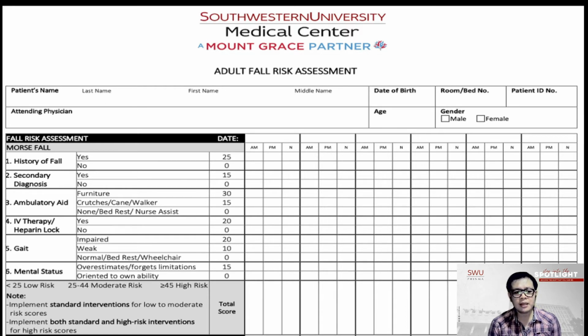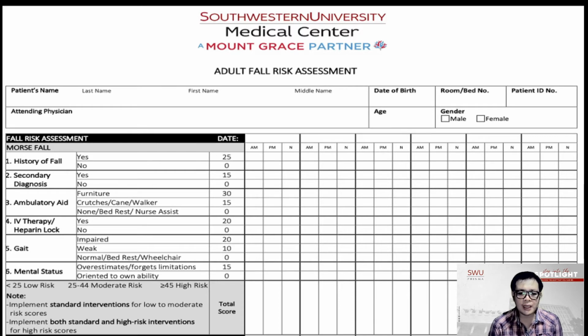And when you talk about the gait of the patient, when you talk about being impaired, if you do your assessment with your patient or even see your patient walking inside the room, or getting up out of her bed or his bed and walking inside the room, when you see that the gait is impaired and out of balance, we can consider that as an add-on 20 points to the scoring.